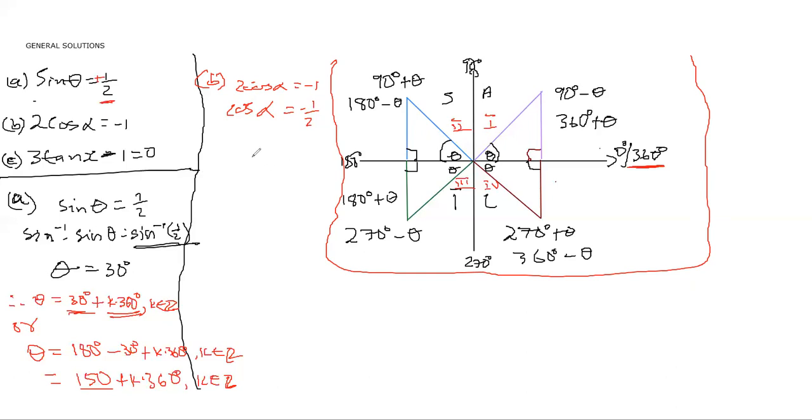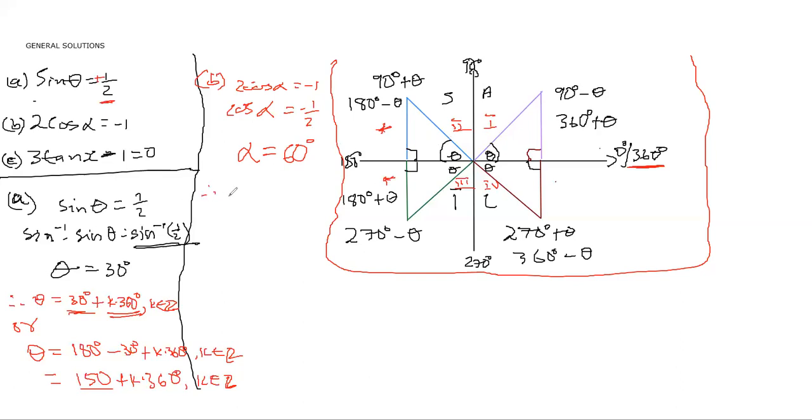What is the reference angle? You will agree with me that alpha here is 60 degrees. Now we check the sign. In which quadrants is cos negative?